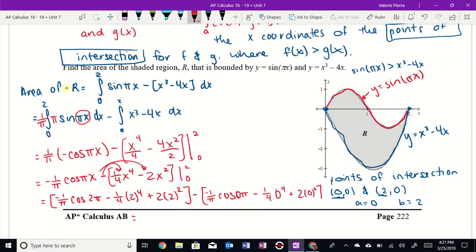And with that, I get negative 1 over pi minus 4 plus 8 plus 1 over pi plus 0 minus 0, which is equal to 4. So the area between those two curves is equal to 4.